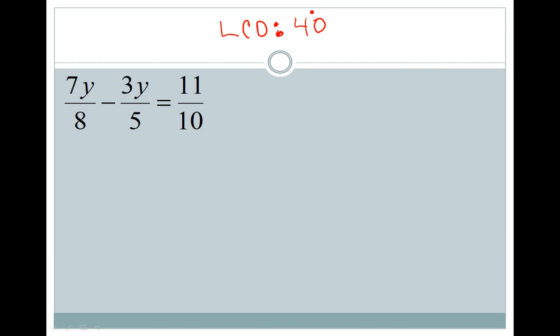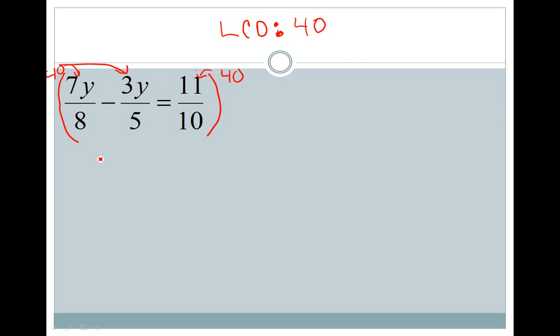So the best way, I think, to tackle these questions is to choose to multiply through the entire equation by your least common denominator. Now this is by no means the only way to do these problems, but it's a great way to do these problems. So what I'm going to do is take a 40 to every single term on both sides of the equation.